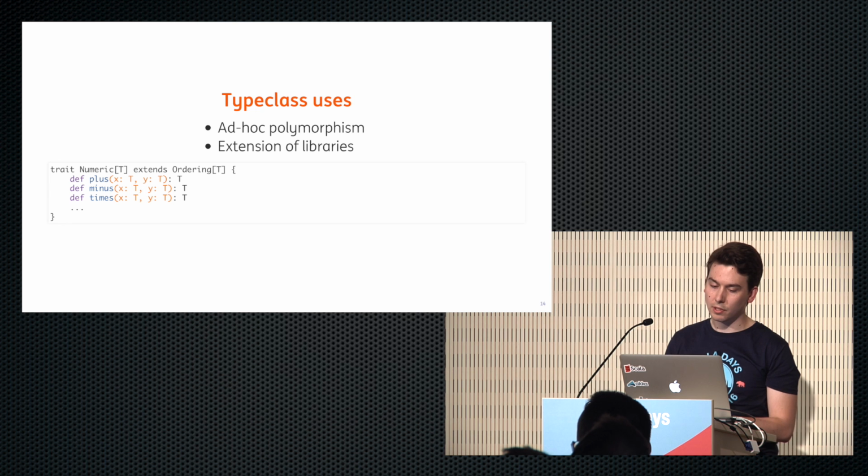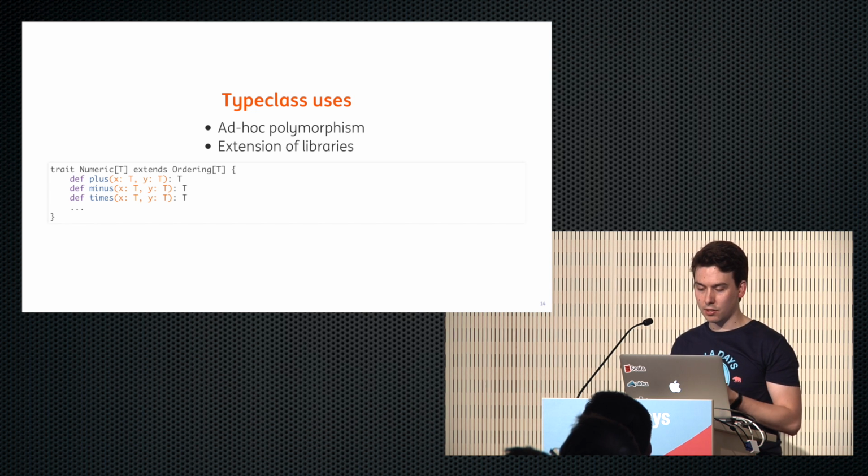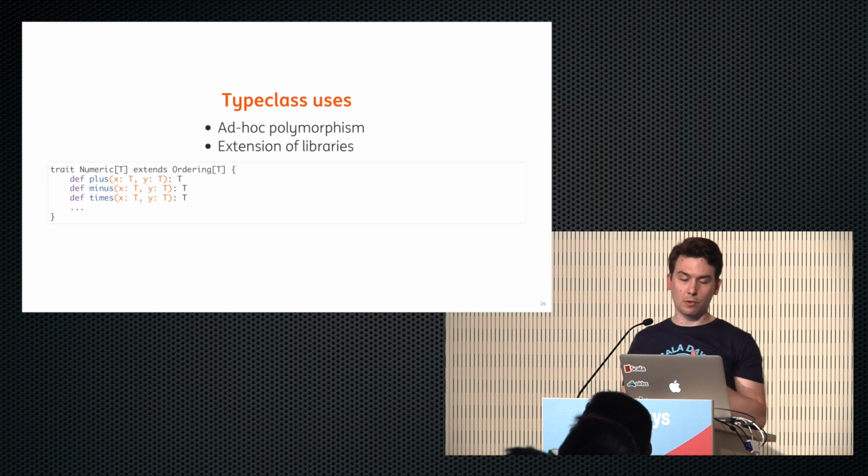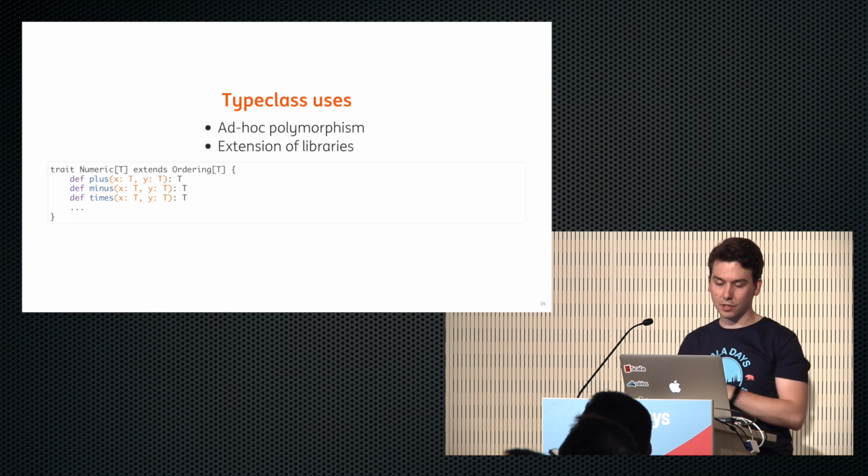So for example, we see here the Numeric[T] trait in the Scala collections library, which is used to group a couple of operators that should work on this type T here.